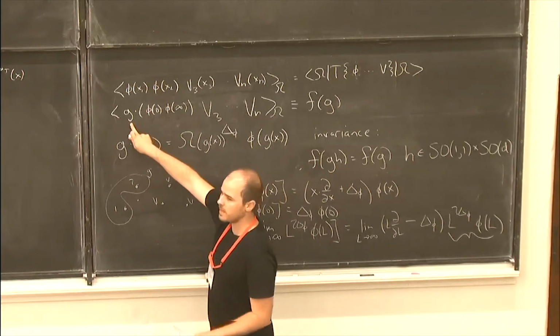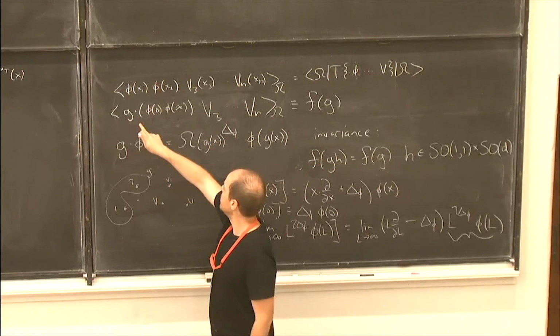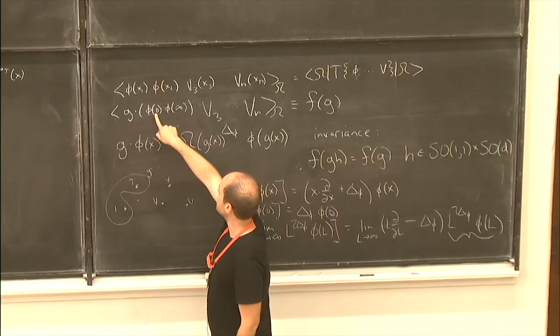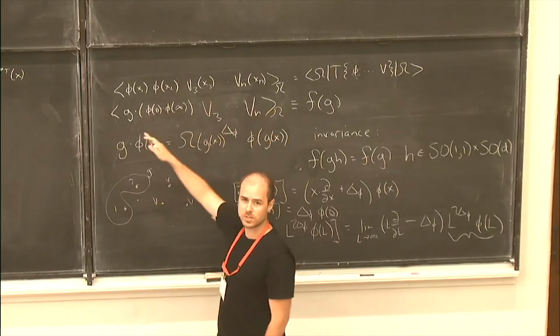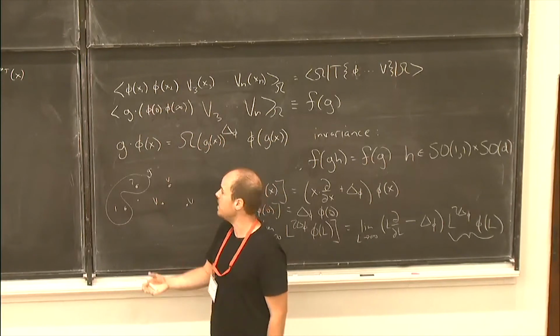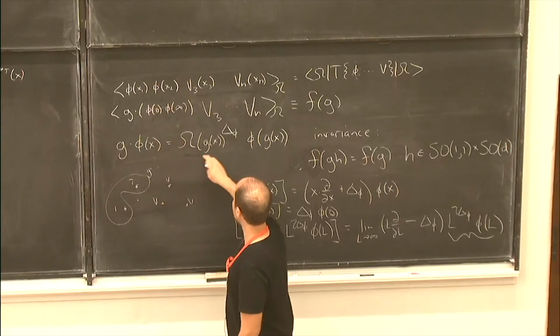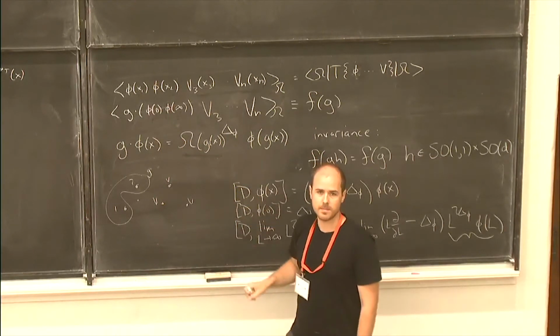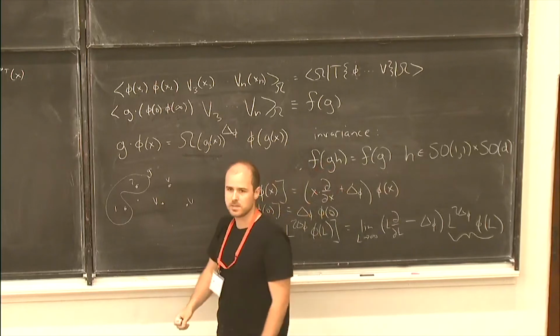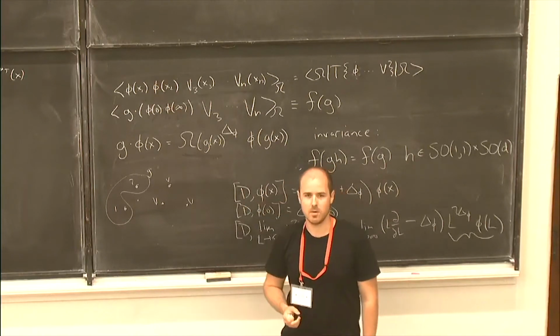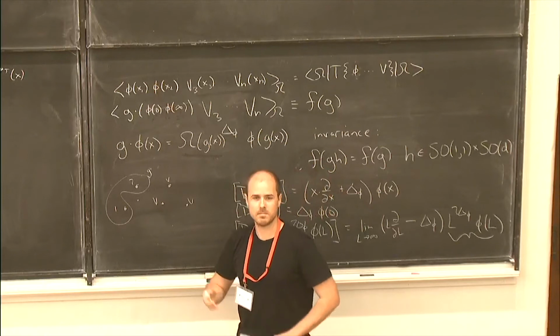The first point is that by using G, we can pick a G that maps 0 and infinity to any pair of points we want. So this thing contains the same information as the correlation function. But you're absolutely right, when we do that, they're going to come dressed with these factors. That is not going to be that important for us, but you can keep it in mind.